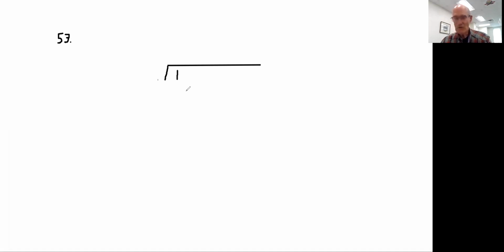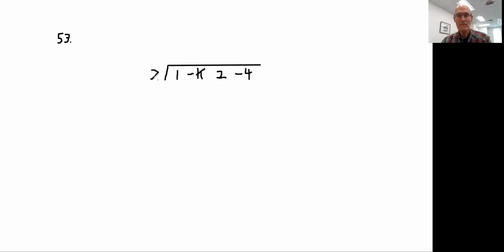So I've got x cubed, minus k x squared, and then plus 2x, and then minus 4. And I'm going to divide this by x minus 2, so I'll put a plus 2 out here.